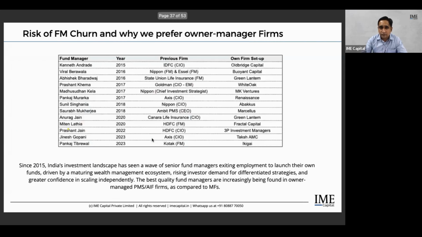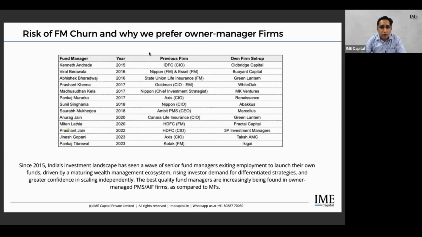Now, this becomes all the more relevant when you look at the sheer level of migration that is happening away from mutual funds towards the very best fund managers in the country basically leaving high quality funds to set up their own boutique firms.